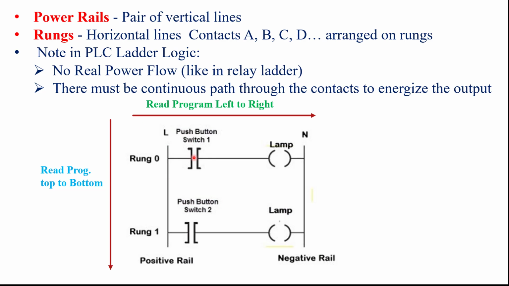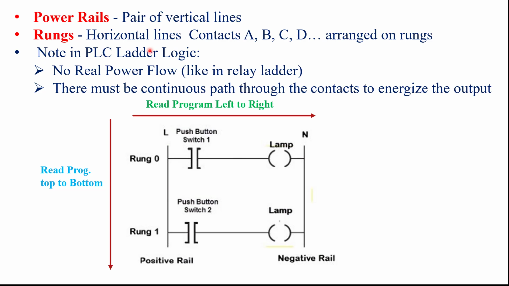So this is the basic diagram of PLC ladder logic. As I have already told, it basically consists of some vertical lines and some horizontal lines. The pair of vertical lines is called the power rails. The power rails show the power flow in the circuit.